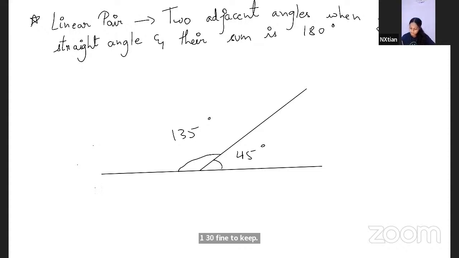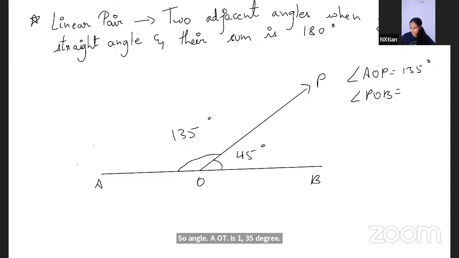Let's name them A, O, B, and E. Angle AOB is 135 degrees. Angle EOB is 45 degrees.